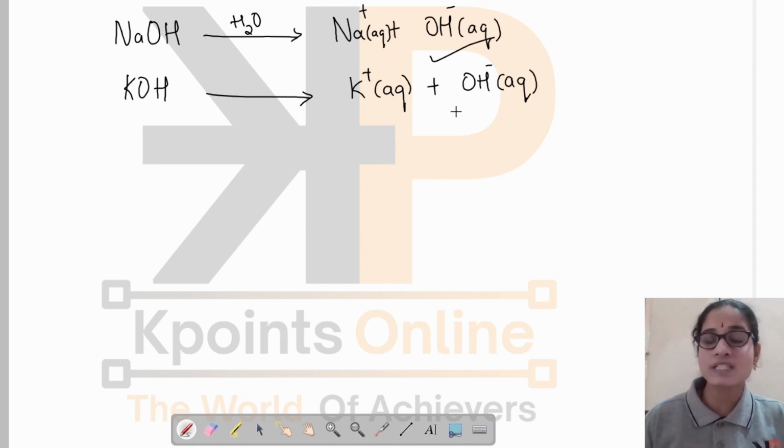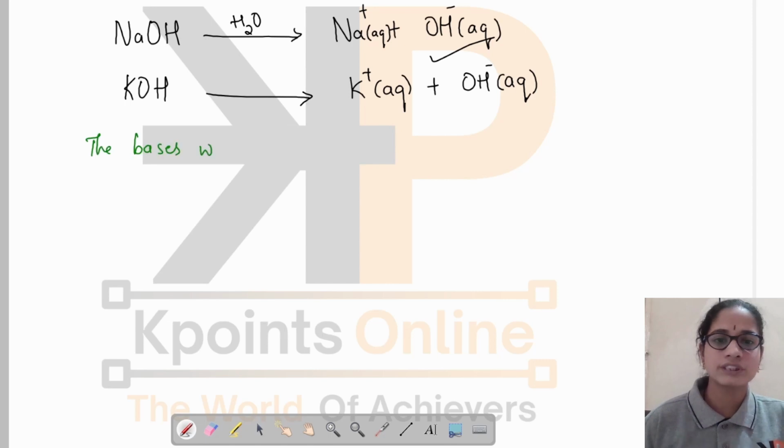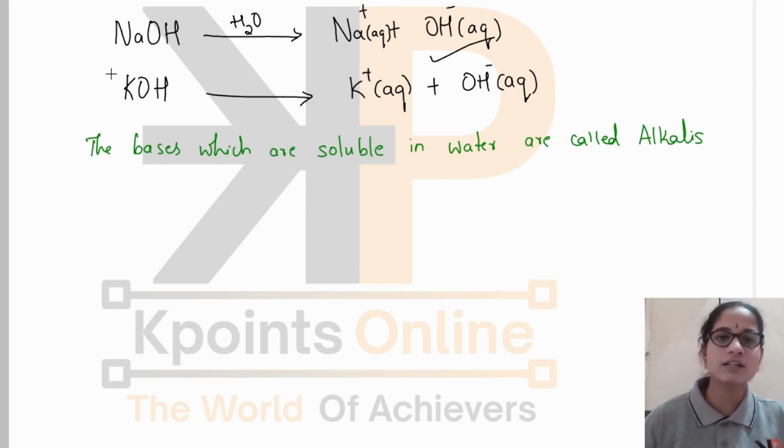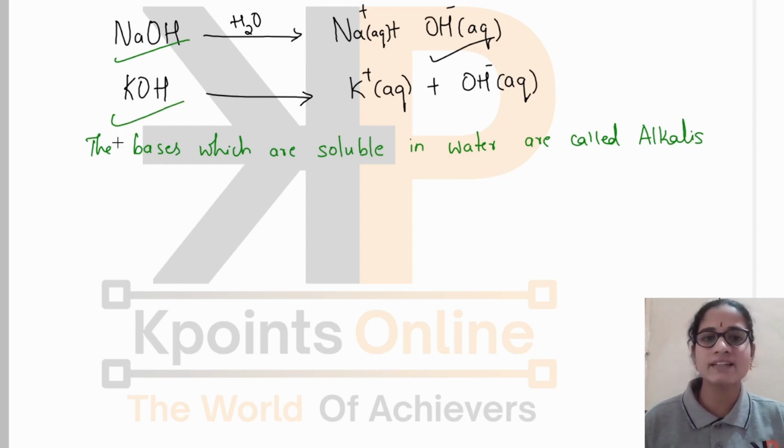We will come across it in the higher classes. Okay. So the bases which are soluble in water are called alkalis. So once we are talking about the solution of bases in water, we must understand that we are talking about alkalis here. Okay. Sodium hydroxide and potassium hydroxide, both are alkalis.